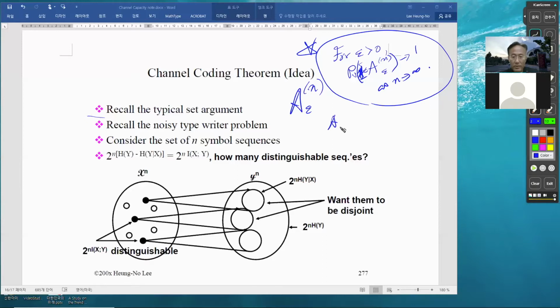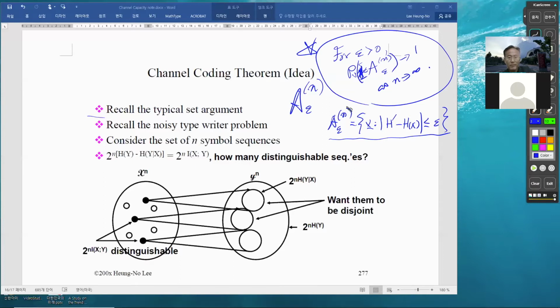Another item was that the typical set is a collection of all x where the difference between the sample entropy and the true entropy is smaller than epsilon. We can write the typical set this way, right?